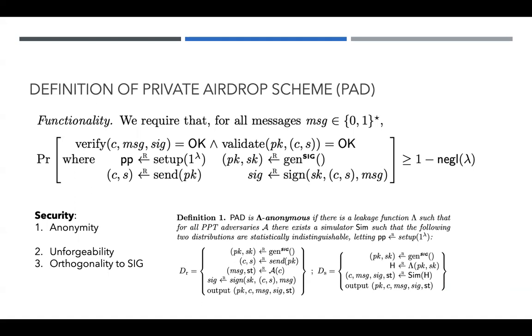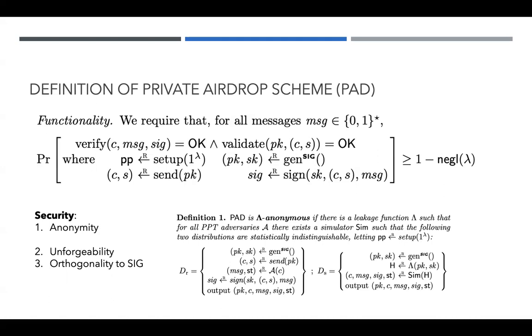This condition is satisfied when PP is generated from the setup function, PK, SK is generated using the generate function, CS is obtained from send, and SIG is generated by the sign function. The probability of this condition holding is at least 1 minus gamma, where gamma denotes the security parameter.